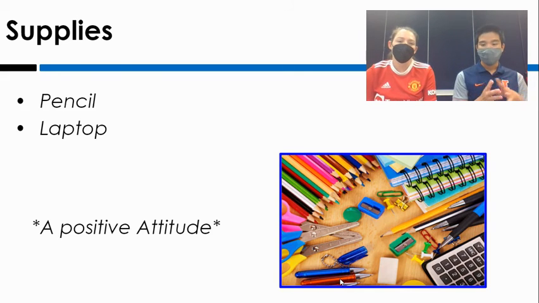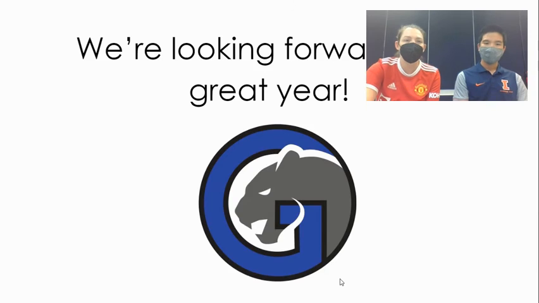And so that'll drain the battery. We have chargers here, but just in case we don't, a fully charged laptop is always nice. And of course, a nice positive attitude. We appreciate that, and we'll try to help them get through the year. Yeah, and of course, a positive attitude on everyone's part makes class more fun.